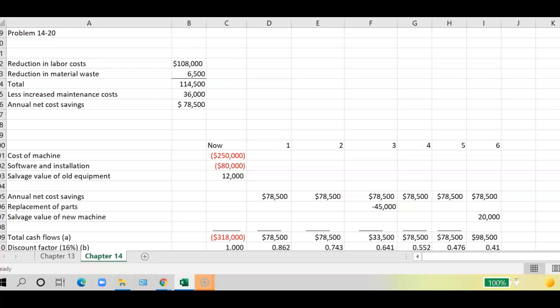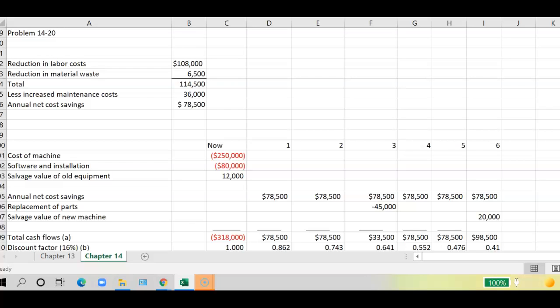But the replacement of worn out parts isn't yearly, so we would recognize the adjustment for the $45,000 replacement of worn out parts just in year 3.